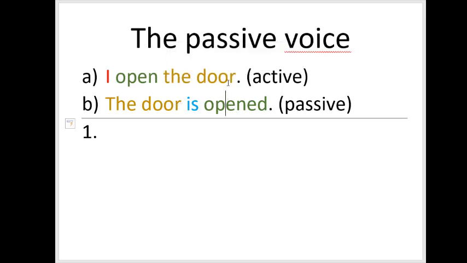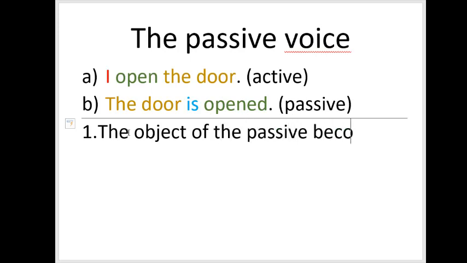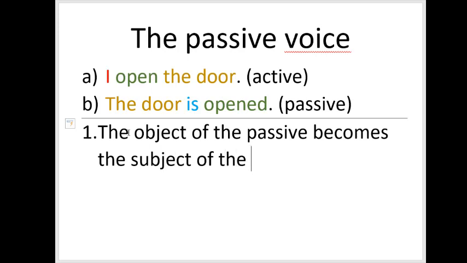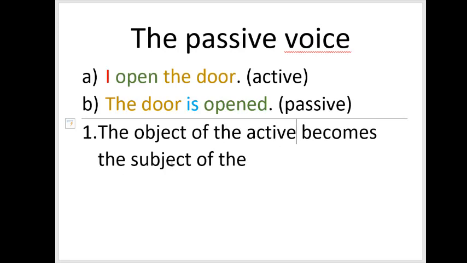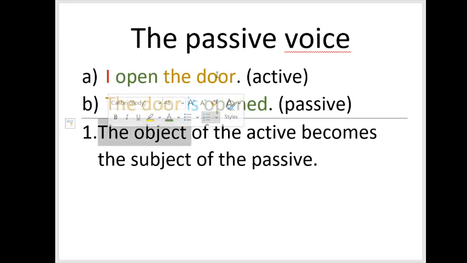So the object of the active becomes the subject of the passive. We took the object that was here, the door, and made it the subject.